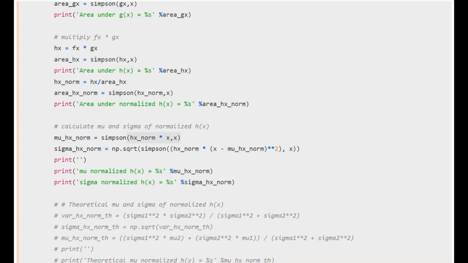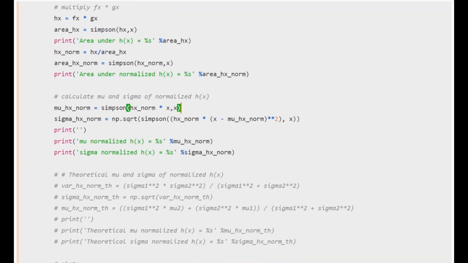This is the typical definition of the mean of a PDF. Then I'm going to do exactly the same thing to calculate sigma, where I take the normalized PDF itself, multiply by x minus mean raised to the power 2, which is the typical definition of the variance, and then integrate this entire function over x. Since we are interested in the standard deviation, that is sigma, not the variance, I'm going to take a square root of it and then print the results.